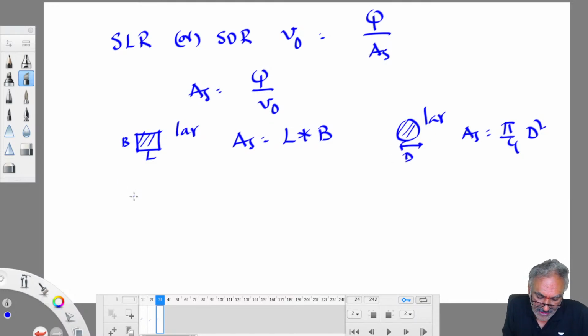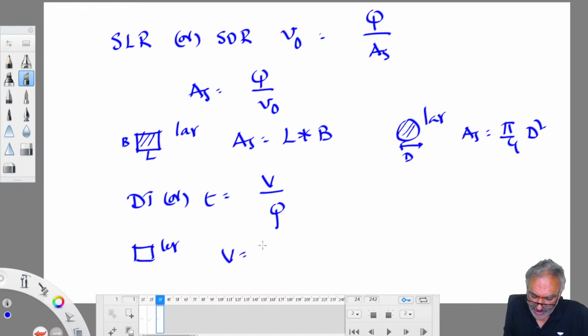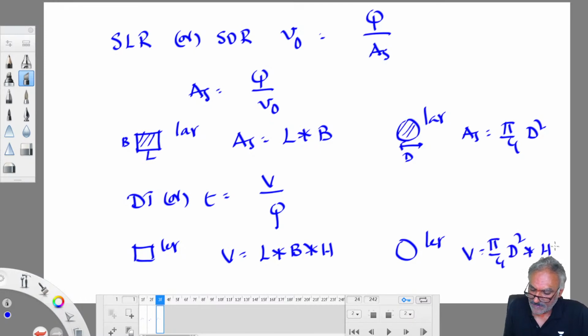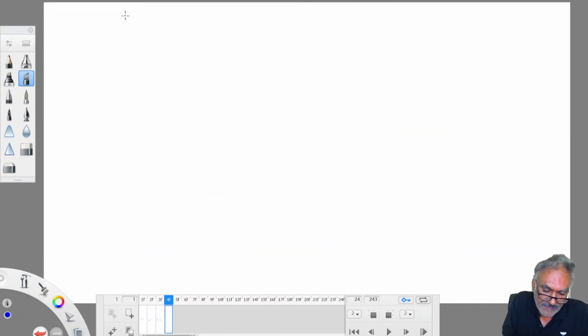Then the second important concept is detention time, DT or t. This you can find out by the volume of the sedimentation tank by Q. For a rectangular tank, the volume is taken as L into B into H. For a circular tank, the volume is taken as pi by 4 d square into H. Then you can fix up the dimensions of the sedimentation tank.